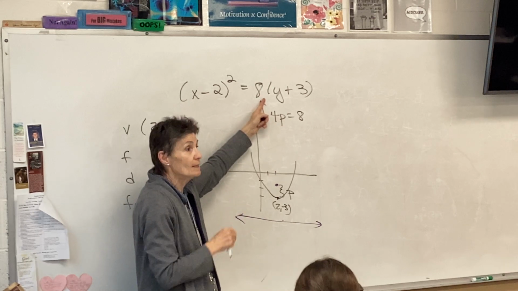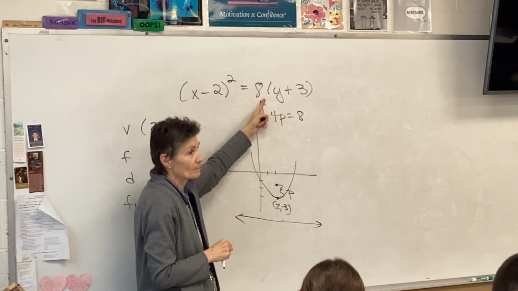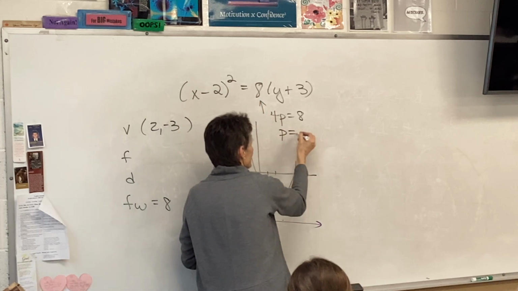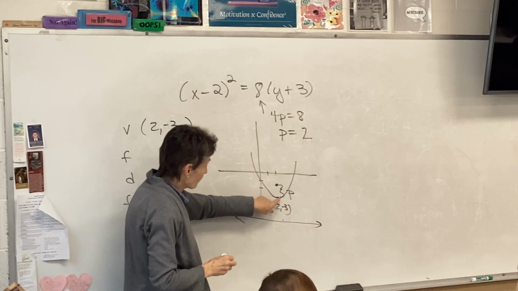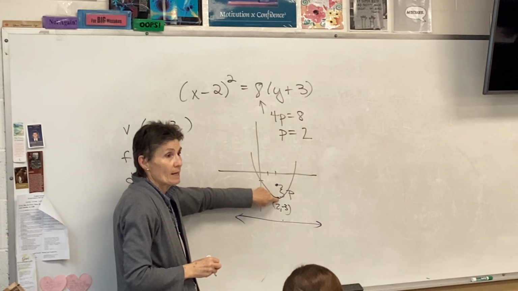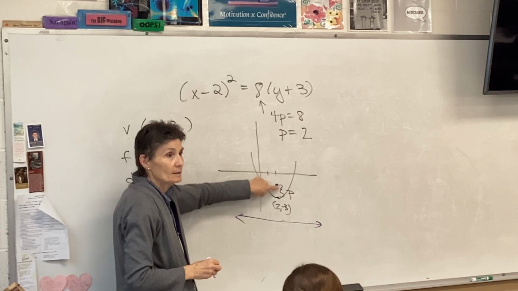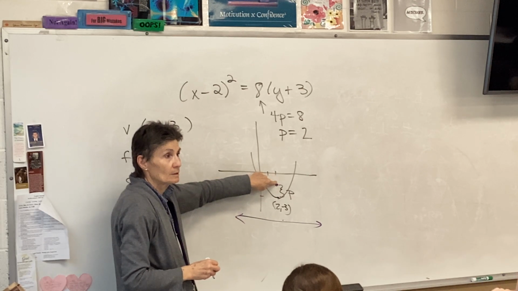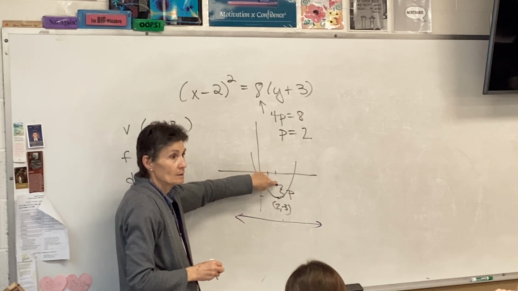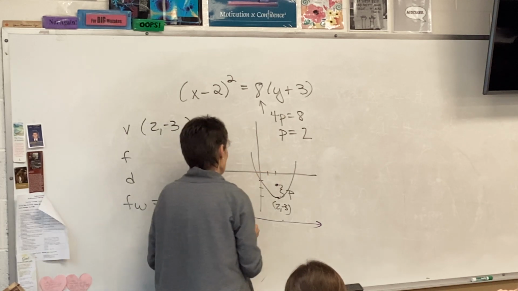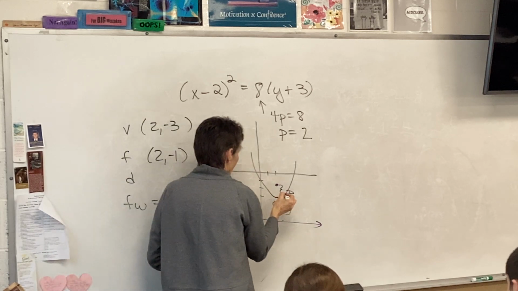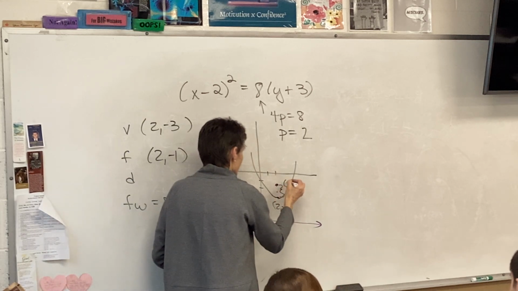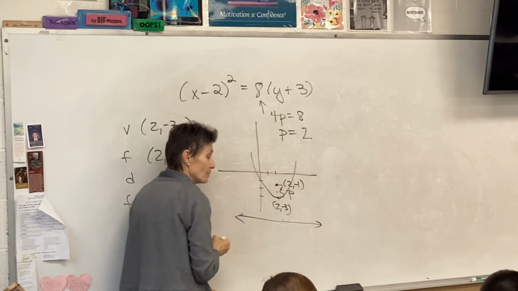So 4P is 8 in this problem, which means P is 2. So I'm going to start right here at this point, and I'm going to count up 2. So where am I? (2, -1). Up 2. So I'm at (2, -1).